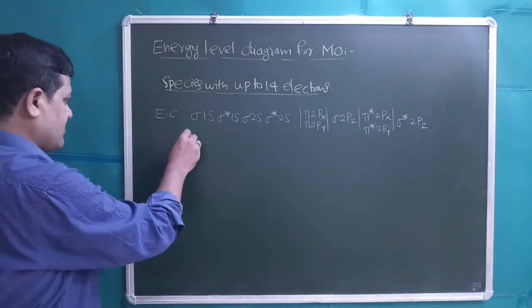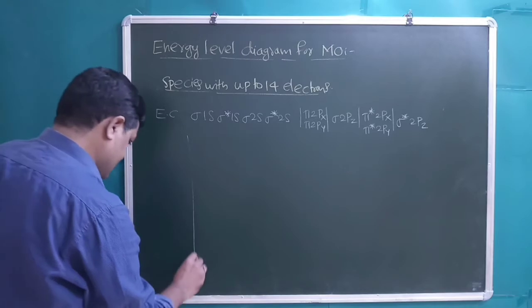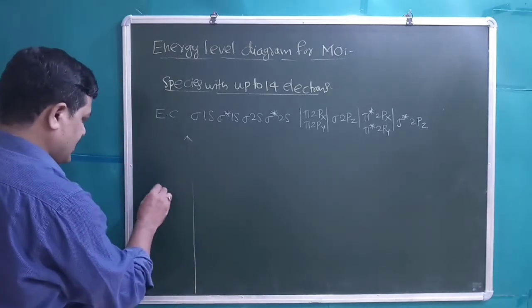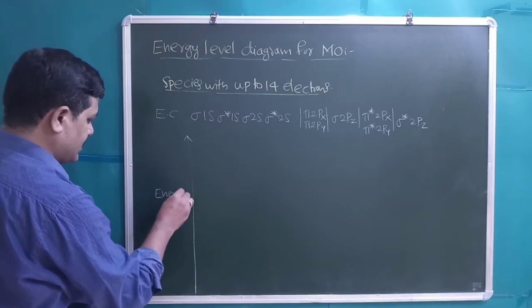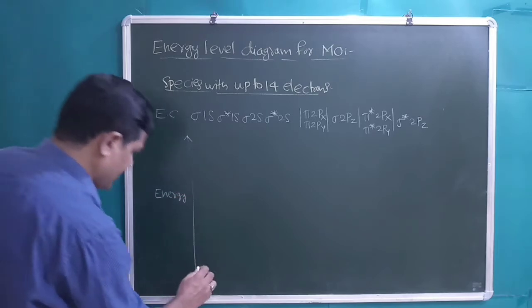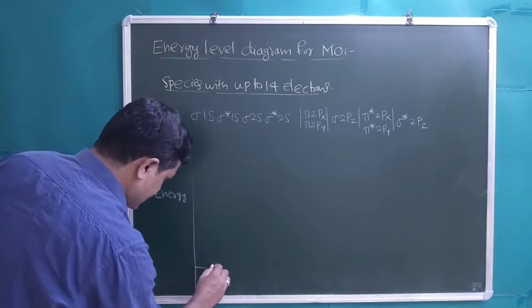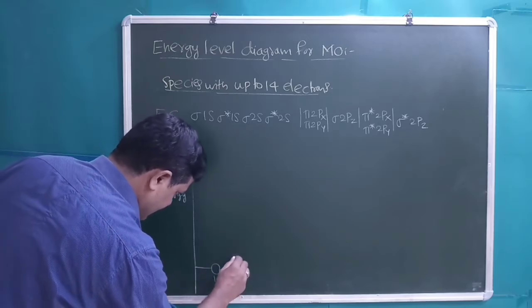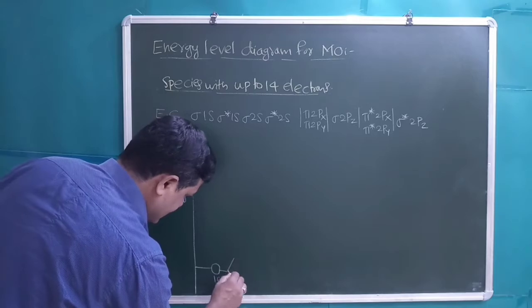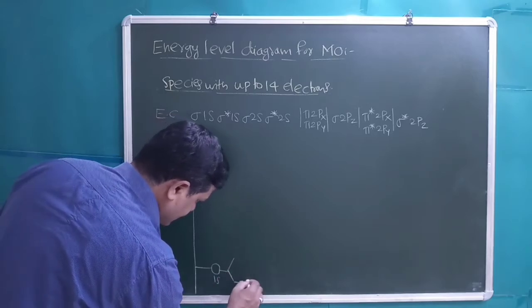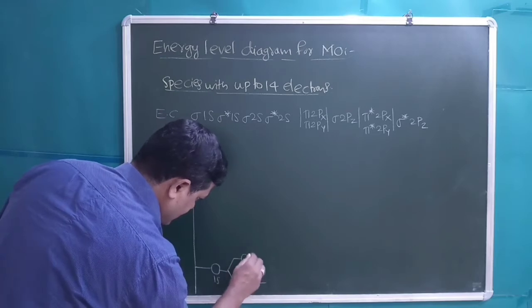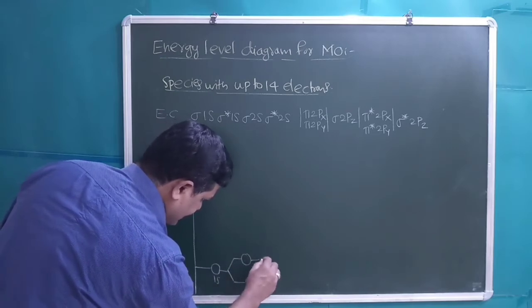We can draw the energy level diagram for up to 14 electrons in increasing order of energy. The 1s orbital of one atom will combine with the 1s orbital of the other atom, which gives two molecular orbitals.